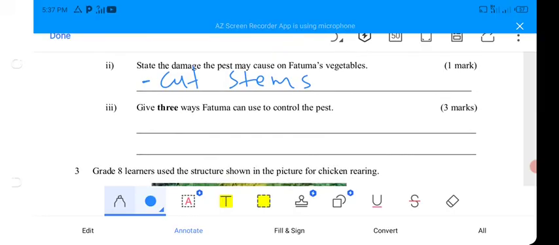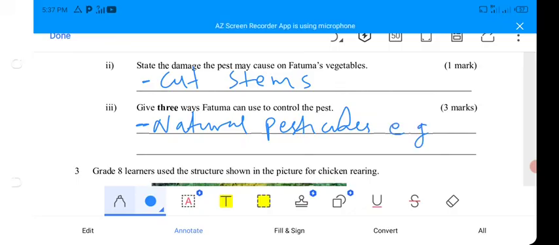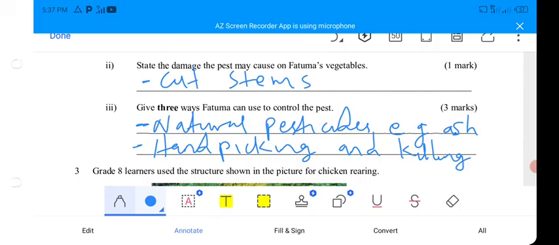In a kitchen garden, you can use natural pesticides, e.g. ash. You can handpick and kill them.